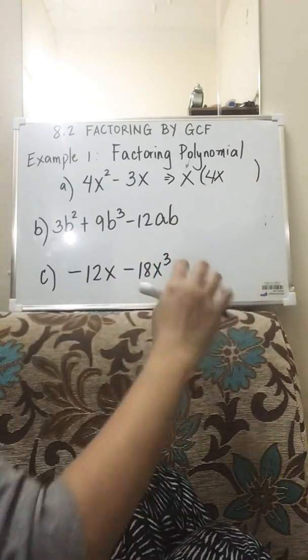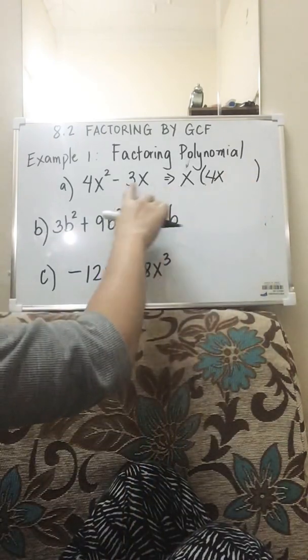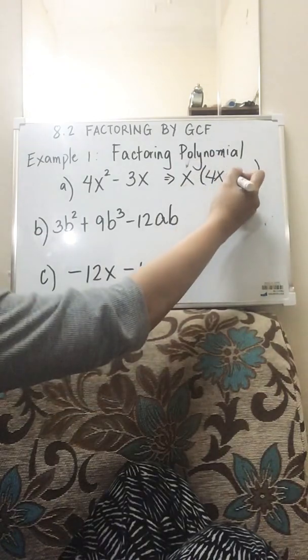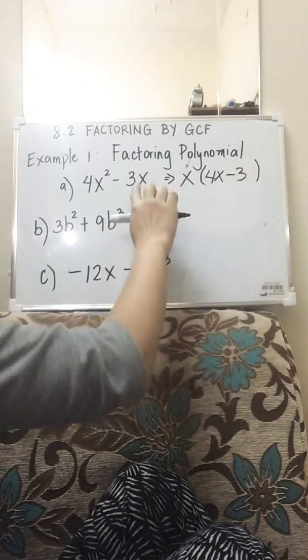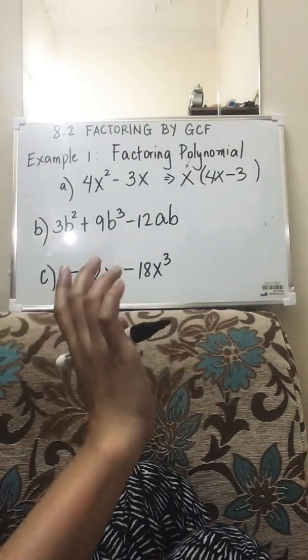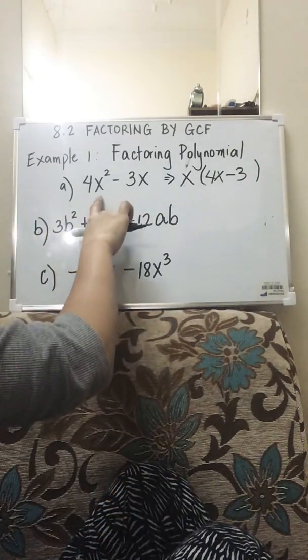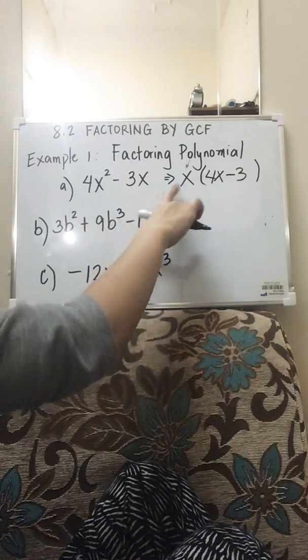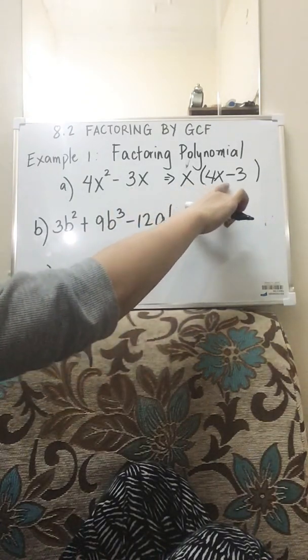Next, negative 3 divided by 1 is what? This is negative 3, so we put the negative. So that is 3. x divided by x is what? That is 1, so no need to put x. Which means the factor of 4x squared minus 3x is x times (4x minus 3).